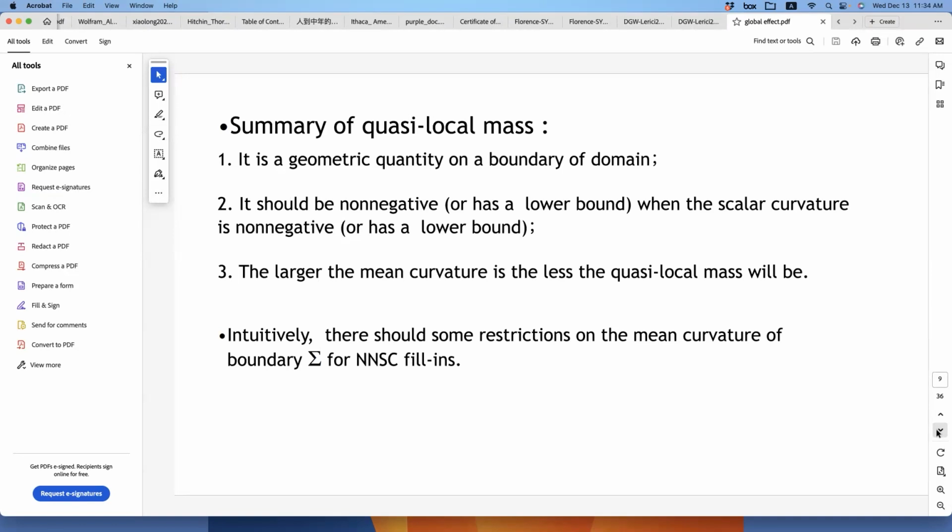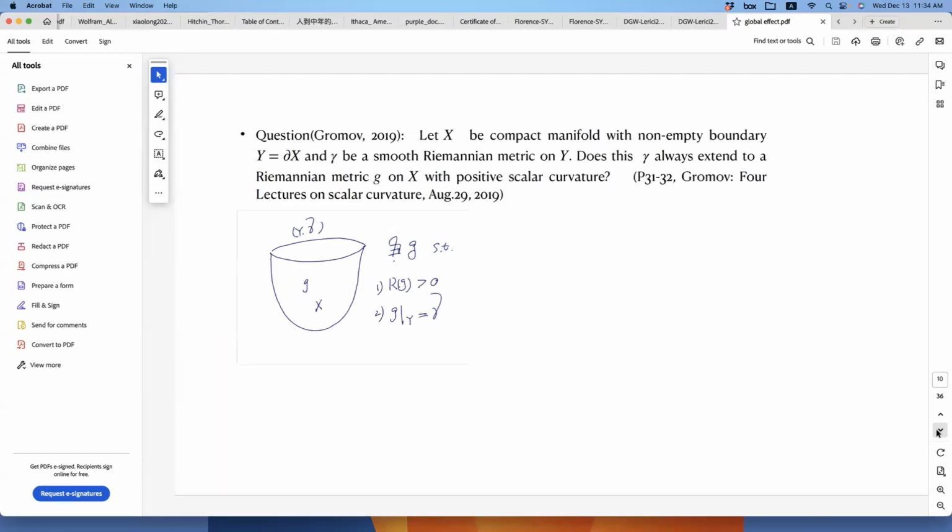Now, to investigate such problems further, we face the following problem. Let X be a compact manifold with a non-empty boundary Y, and gamma be any Riemannian metric on Y. So the question is, can we extend gamma to a Riemannian metric defined on the interior part, denoted by G, so that the scalar curvature of G is positive?